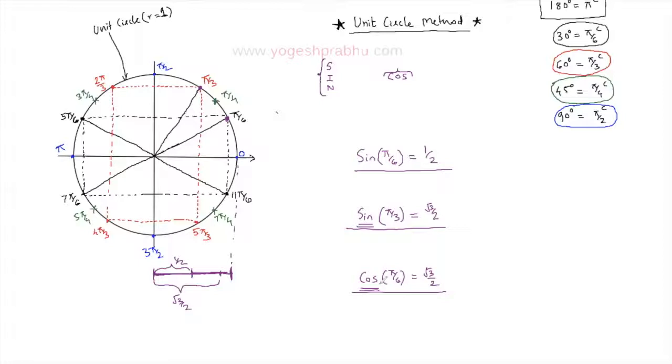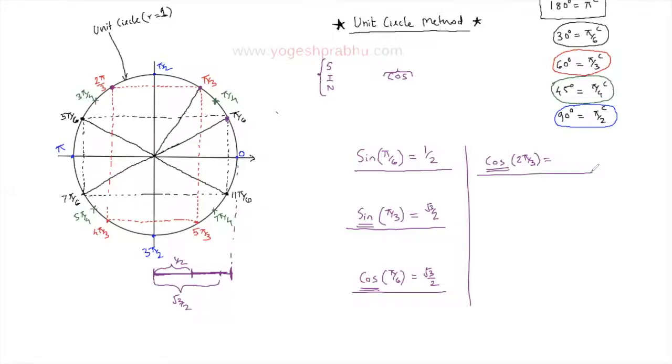Now before we go to the next one, I just want to quickly explain one very important point here. Supposing I want to find out cos of 2 pi by 3. Let us all do this. First, the angle 2 pi by 3 is over here, and I want to find cos.